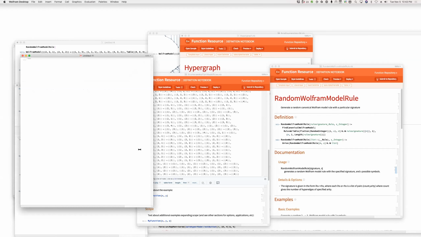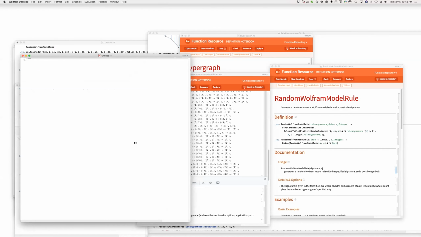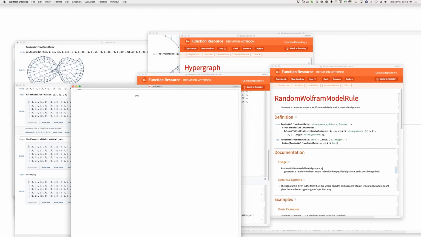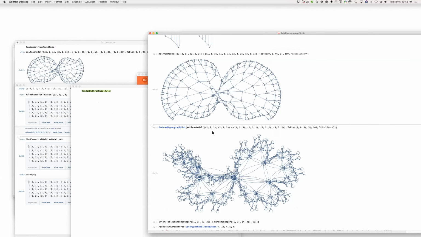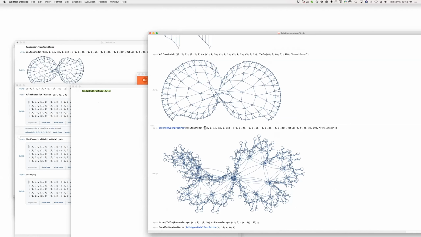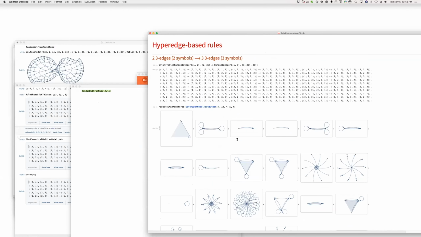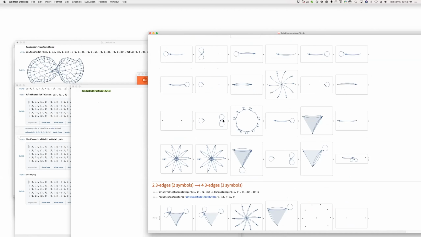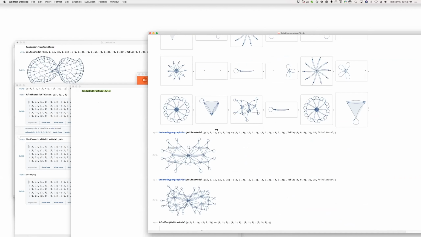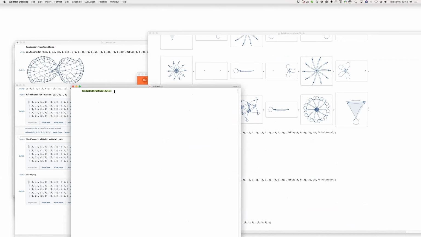Okay, so an alternative for what I could do is to say random Wolfram model rule, and where had I got to in the enumeration? Those are 3. Oh, I was doing, in fact, exactly that. Those are 2, 3, 4, 3.